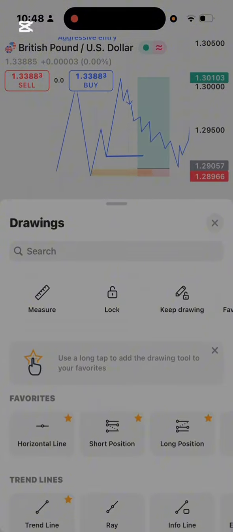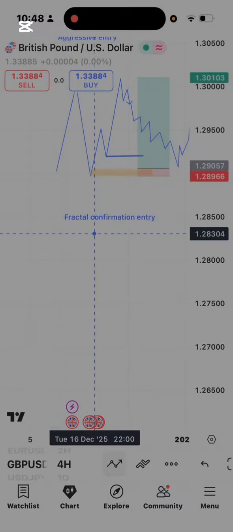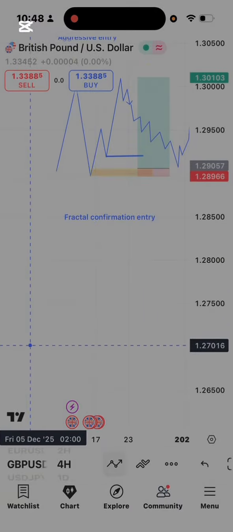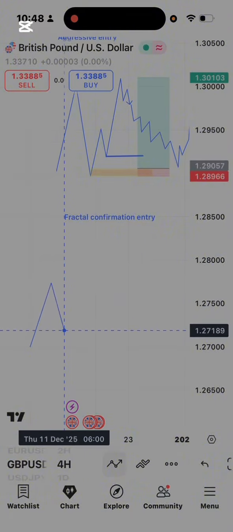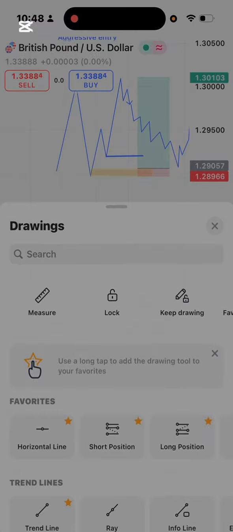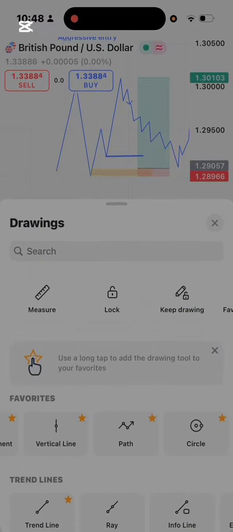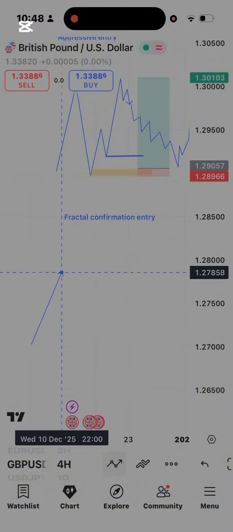Before I do that, okay, let me try to show you what fractal confirmation is. The same thing applies. You come right here, you find something, the same thing. Let's repeat it one more time. The same thing happens. You might find a sketch like this on your charts.